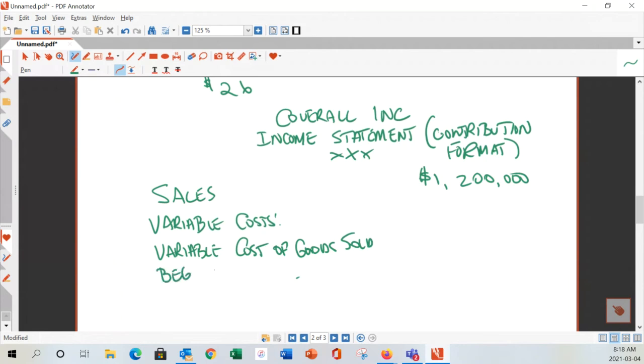Okay, so we have beginning inventory. Well, that's 0. We have cost of goods manufactured.